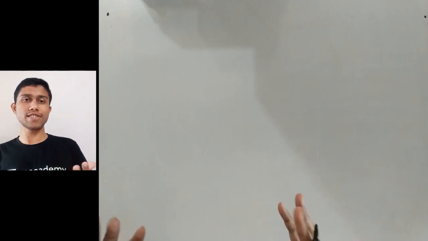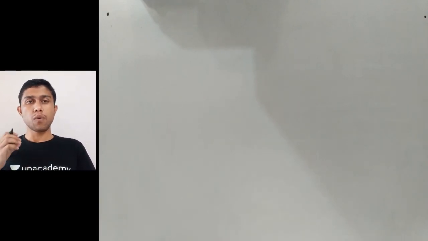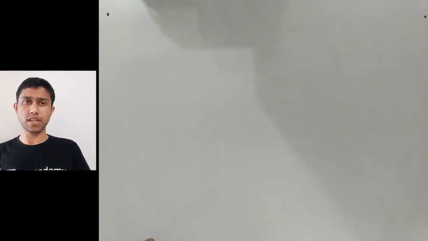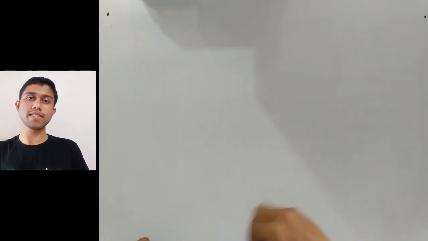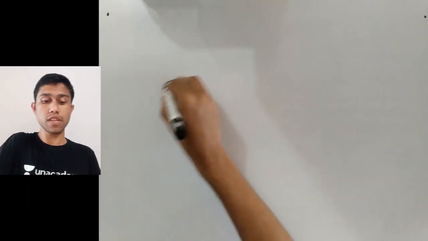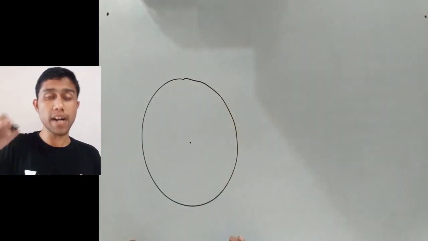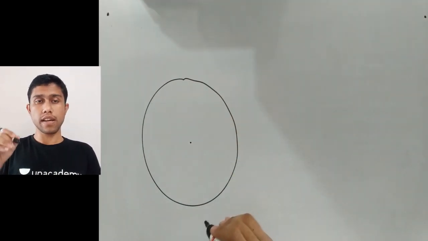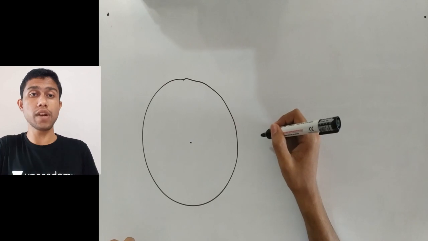Now we'll relate the angular and the linear velocity. Okay, but I want to ask you a question. Does a circular motion possess both the velocities? And the answer is yes. The circular motion possesses both the velocities. You see a circular motion, but it's not enough to say it has circular velocity only.